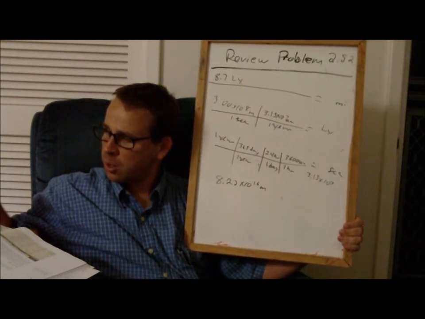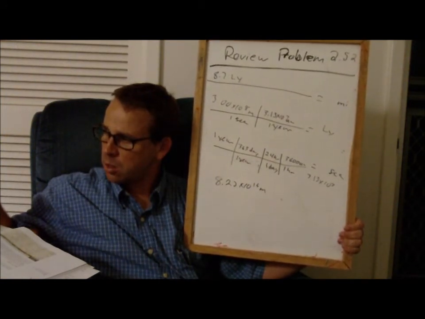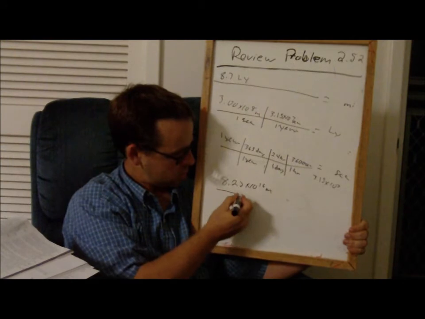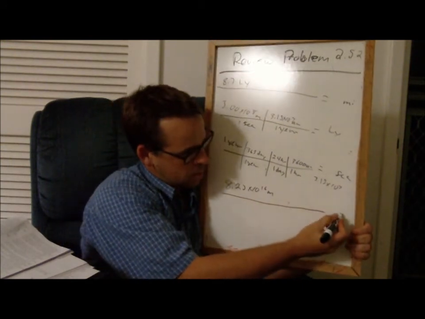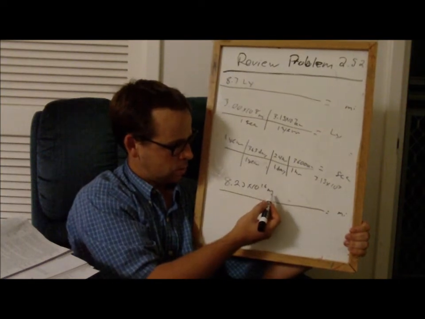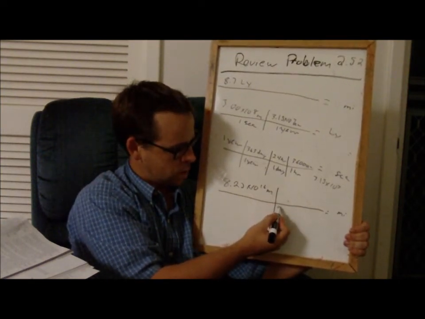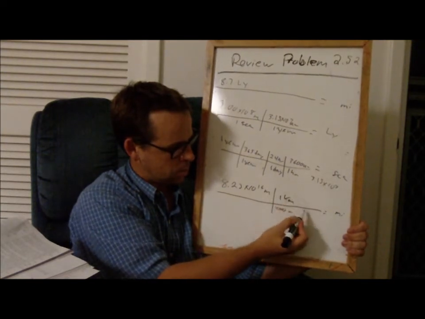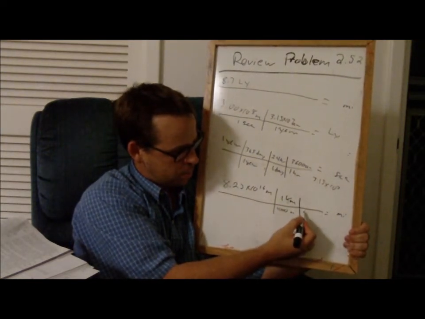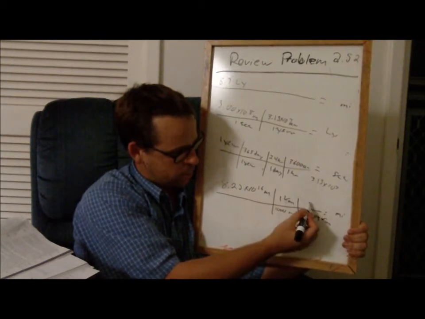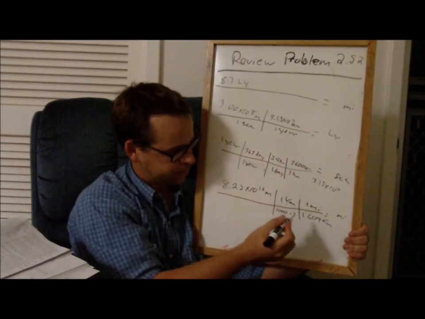Well, we know how many kilometers there are in a mile: 1.609 kilometers. So, if we want to get this in miles now, we have it in meters. There's 1,000 meters for 1 kilometer, and 1.609 kilometers for every 1 mile.